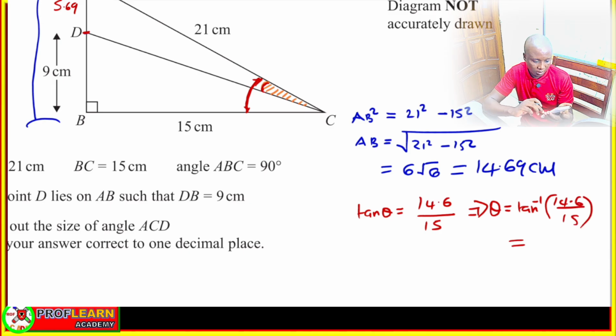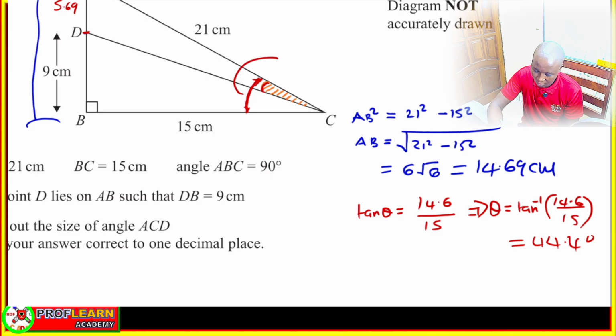And you have to ensure that your calculator is in degrees, because mine was in radians, so I have to change that. Tan inverse of 14.69 over 15. That angle is basically 44.4 degrees. The whole of this angle is 44.4 degrees.